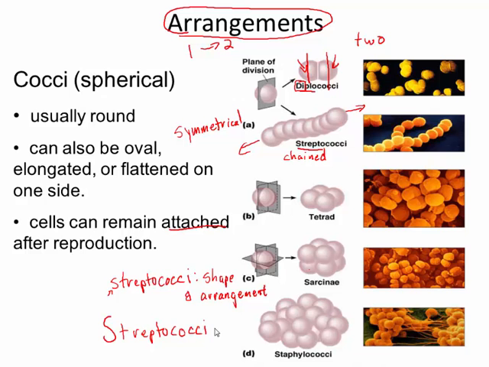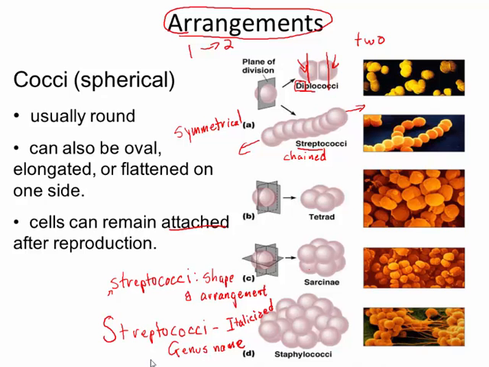It'll also be italicized, although it's hard for me to draw italicized on my whiteboard here. When you see uppercase S and you see it italicized, what that tells you is that's actually the name of a bacteria as well. Strep throat is caused by the bacteria Streptococci. So streptococci can be a shape and arrangement, and in some cases can also describe the name of a bacteria. We often call that the genus name.